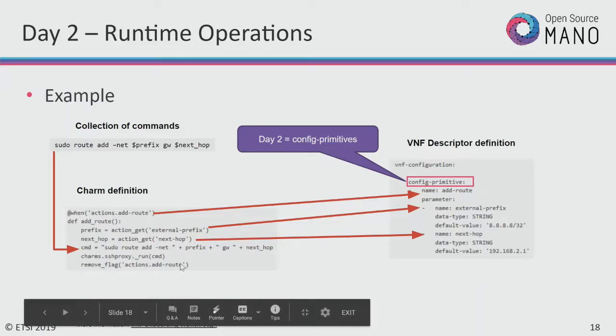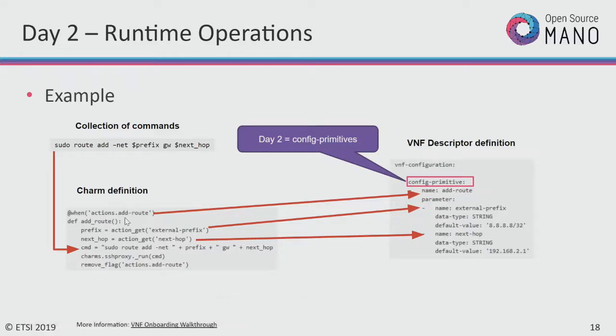Here you can see the definition in the charm is similar to the definition in the charm before. Okay, and there you have the parameter that we use in the VNF descriptor. Day 1 was initial config primitive, and day 2 is only config primitive. Here you can see, for instance, the default value.